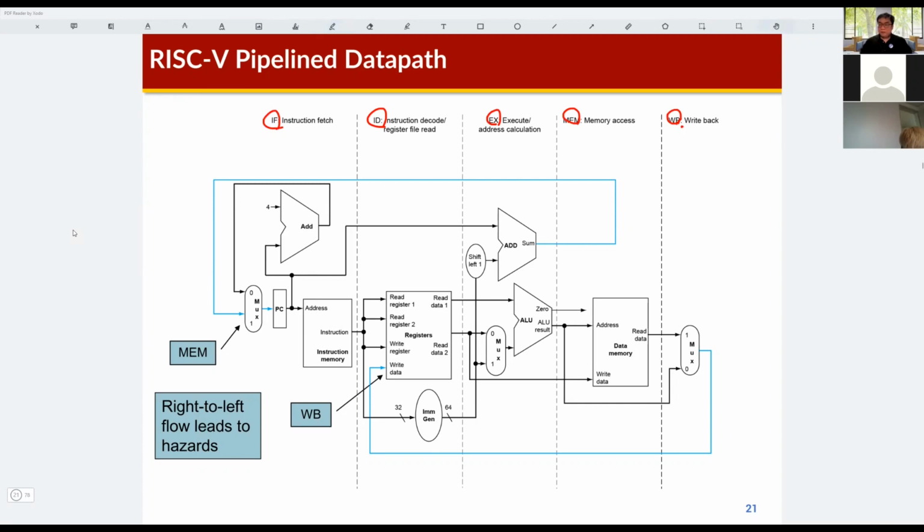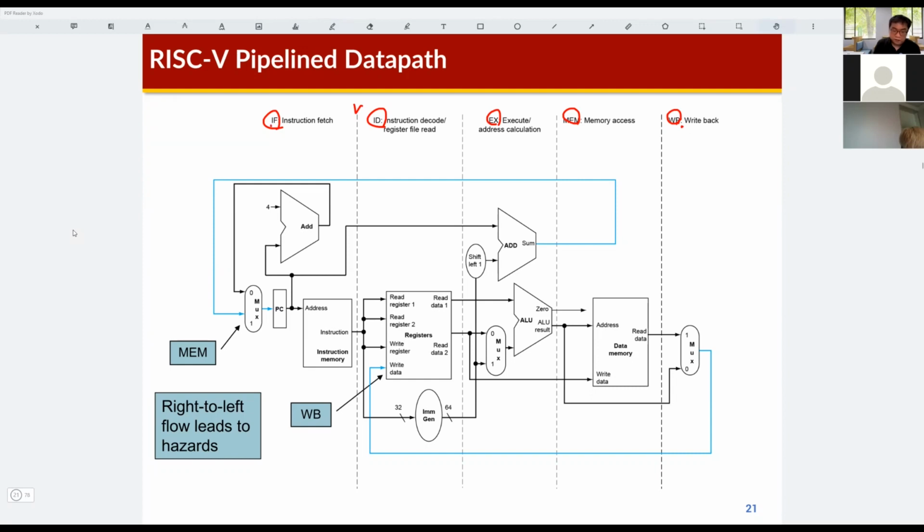So that means there are 5 stages in the pipelined processor. We just separate each stage in the single cycle processor: instruction fetch, ID, EX, memory, write back.